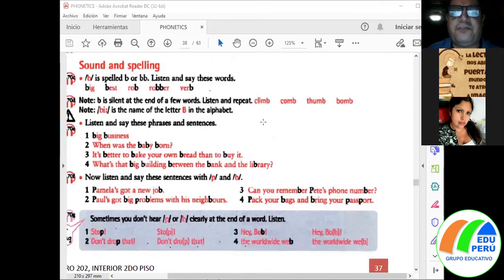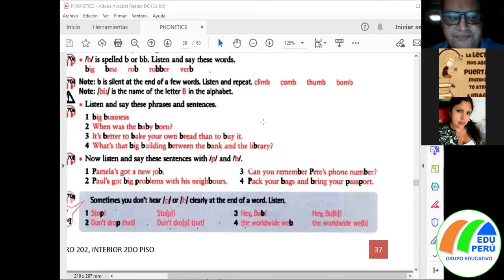Now, let's pass to the phrases and sentences. 1, big business. 2, when was the baby born? 3, it's better to bake your own bread than to buy it. 4, what's that big building between the bank and the library?